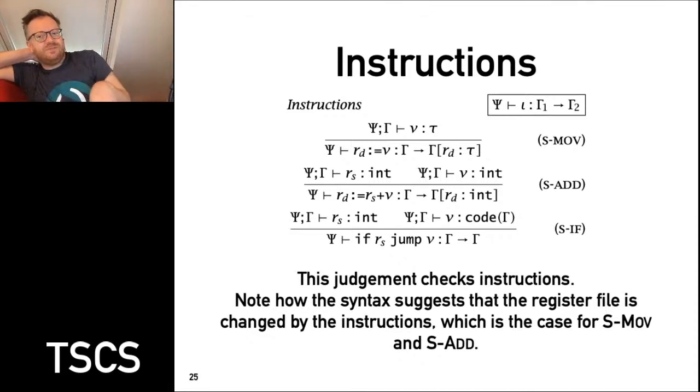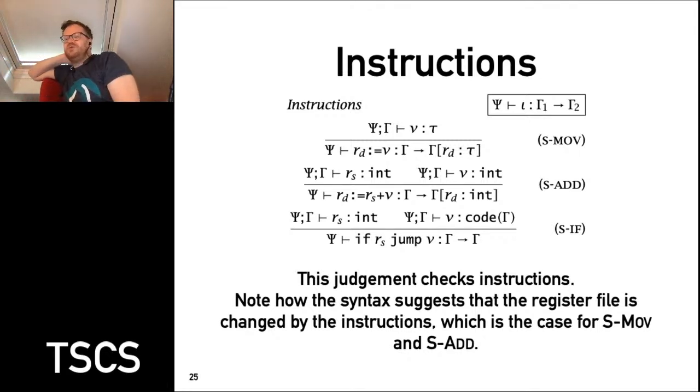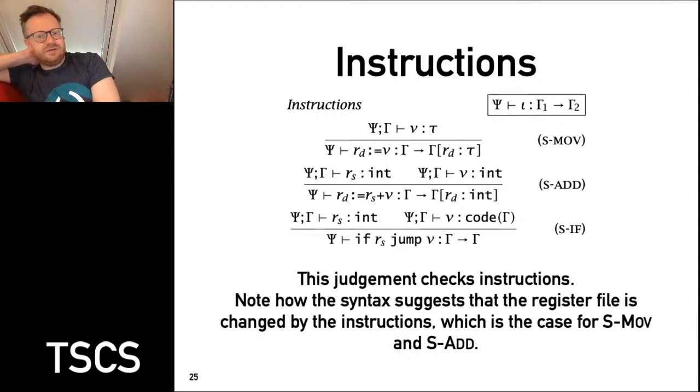And this is the key thing here that allows you to only jump to locations where the expected typing of the code block matches the input typing at that particular point in the execution. And this is just a jump. It's just a function going from Γ to Γ in this case.